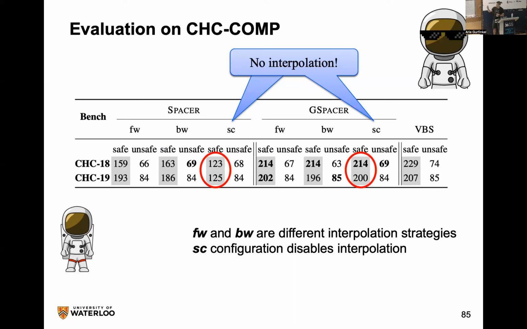If you look at how many more instances Spacer loses whenever you remove interpolation, that's a significant amount. With GSpacer, interpolation doesn't play all that significant a role. So that indirectly shows that a lot of the work that interpolation is doing is convex closure, some kind of resolution of arithmetic literals, and we can do it in a different way.